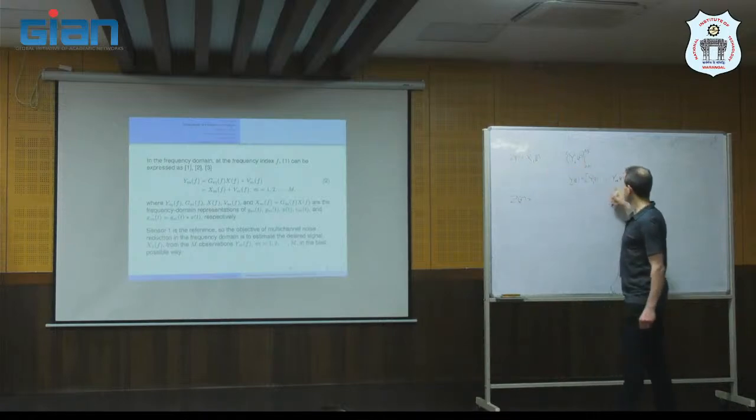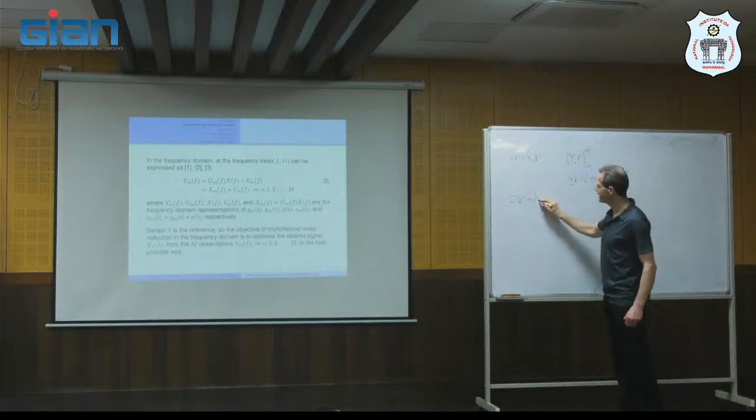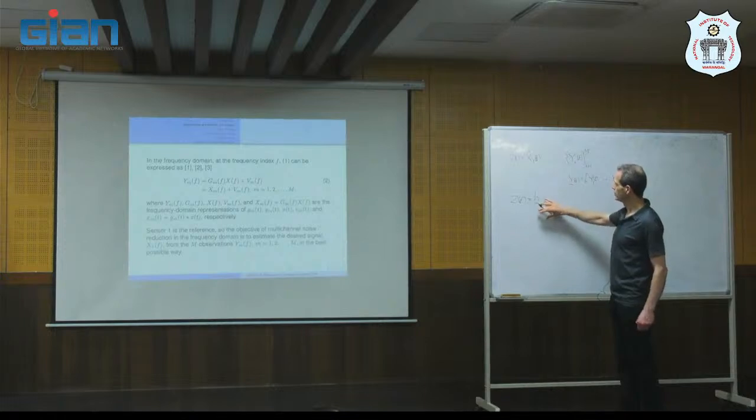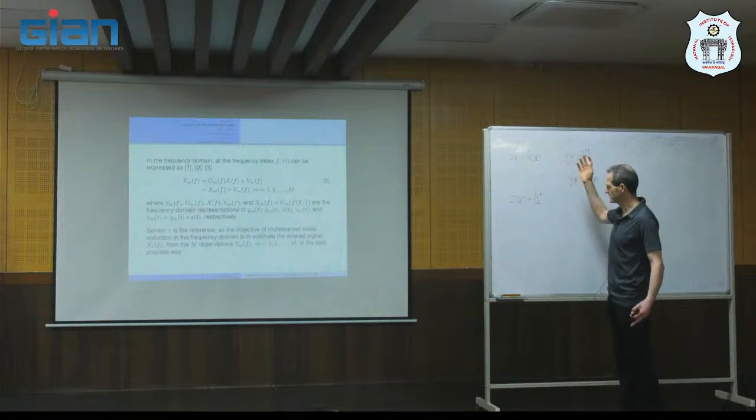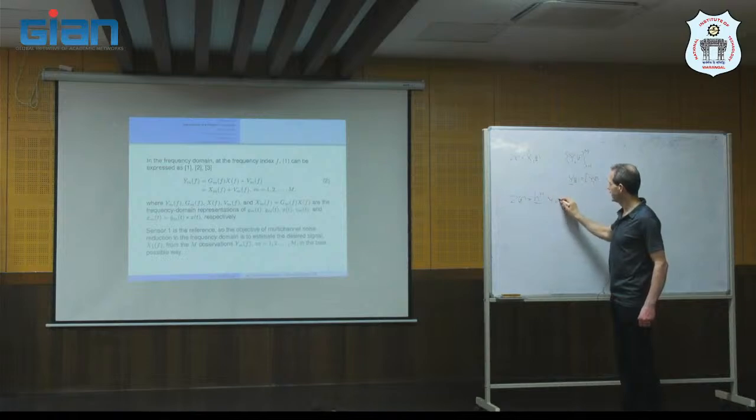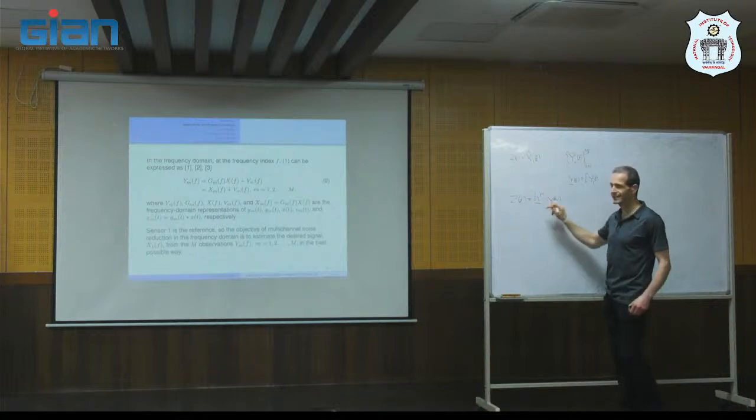If this is a vector, we can define a vector h such that we apply it, for example, as conjugate transpose. If we multiply it with y(f), we get an estimate of X1. So this is a linear filter.